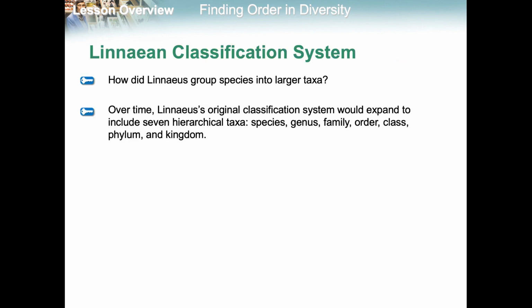So, how did Linnaeus group species into larger taxa? Over time, he created a whole classification system, which is kingdom, phylum, class, order, family, genus, species. If you want a way to remember this, which you don't have to remember for the test, but if you want to: King Philip came over for good spaghetti, or good soup.